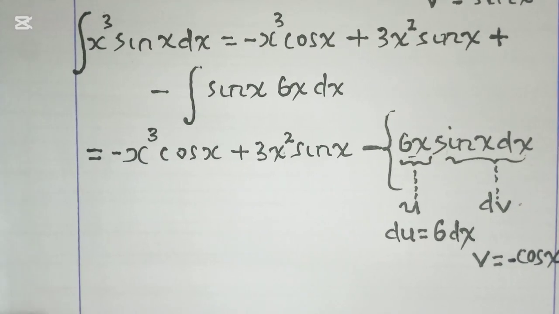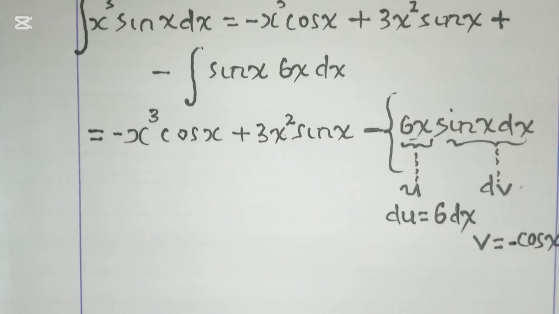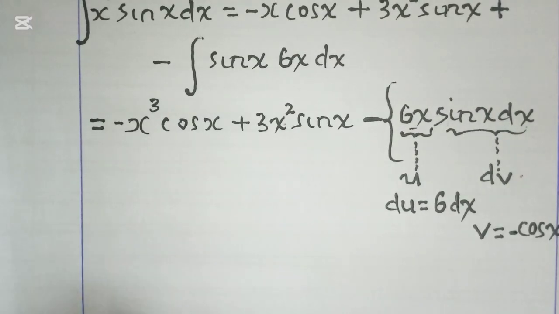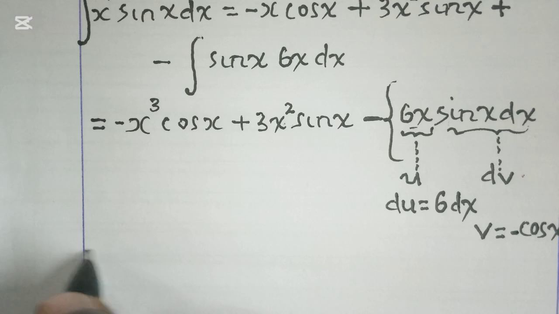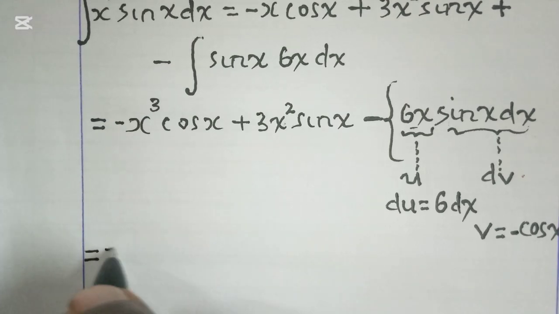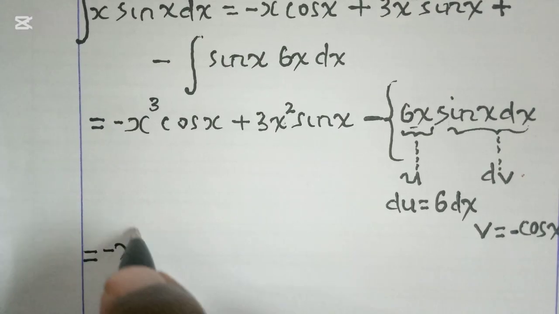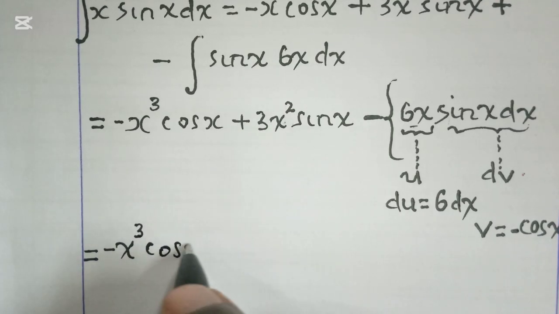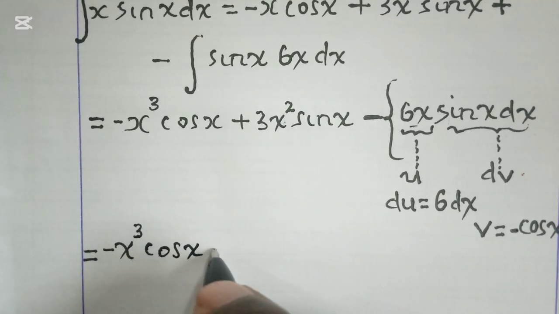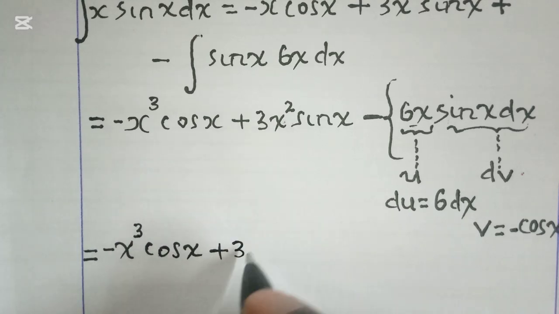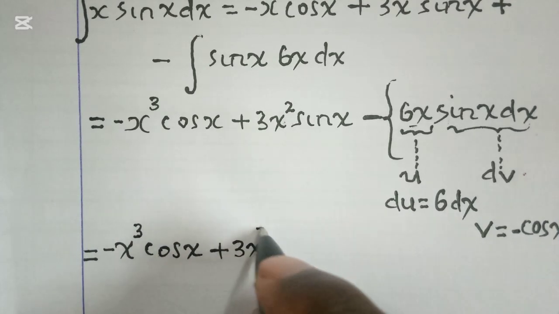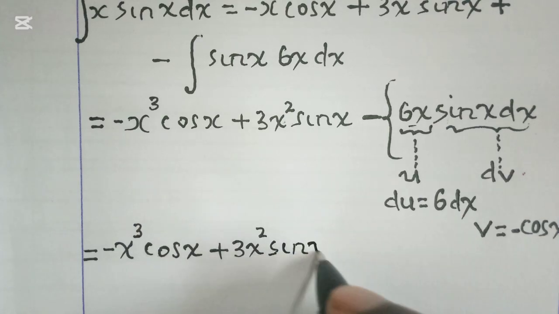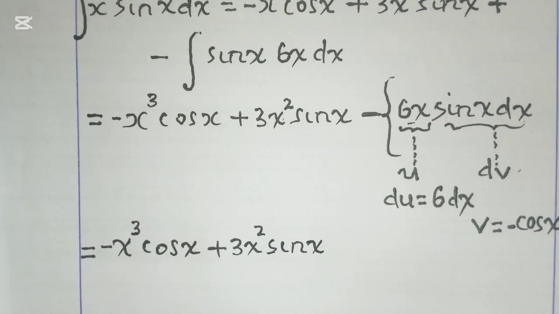So guys, now we are almost at the end. So now I'm going to put my equal here. Then I put negative x cubed cos x plus 3x squared, then sin x, like that.